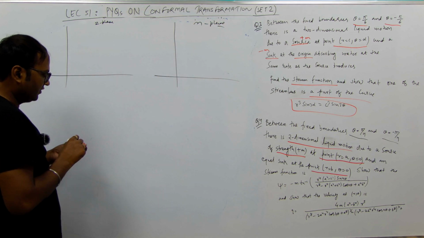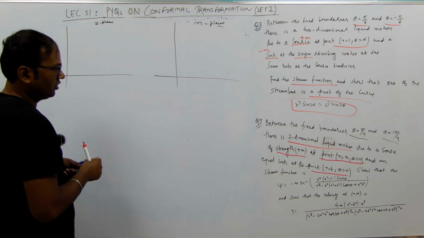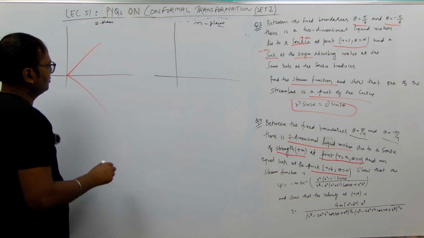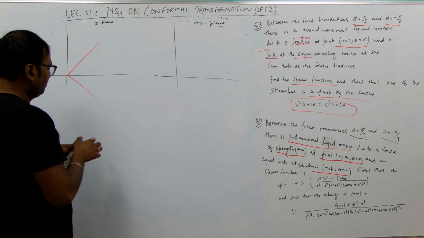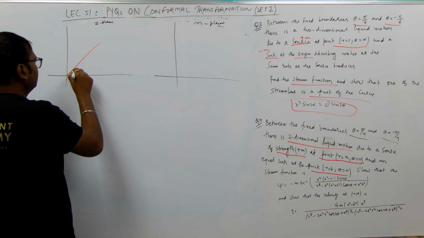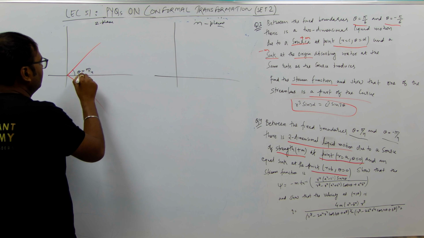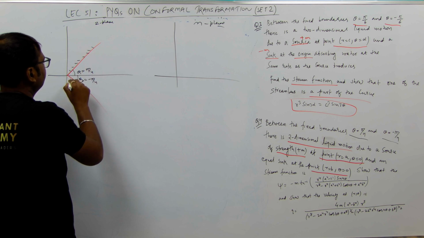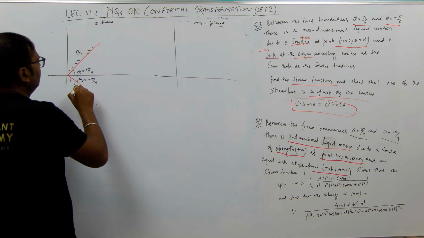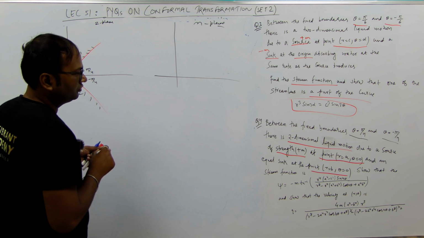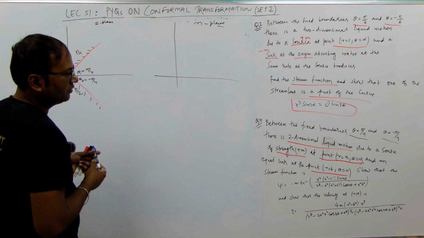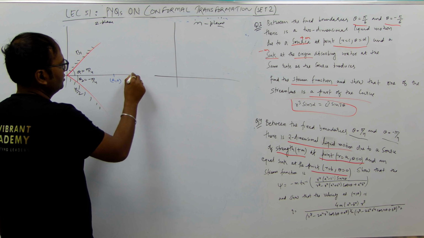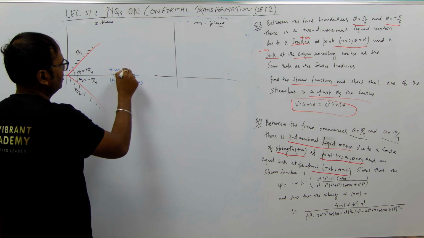We have been given the boundaries as theta equal to pi by 4 and theta equal to minus pi by 4, so this is boundary 1 and boundary 2. And we have a source at point (a, 0) and a sink at (b, 0). So this is plus m and this is minus m.